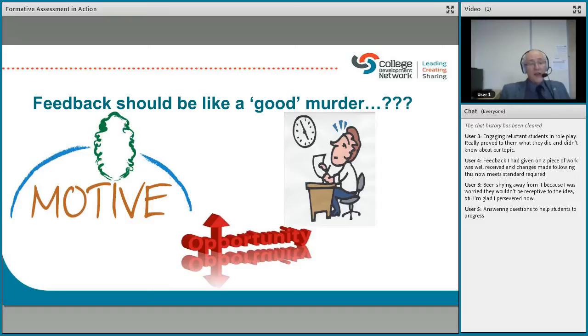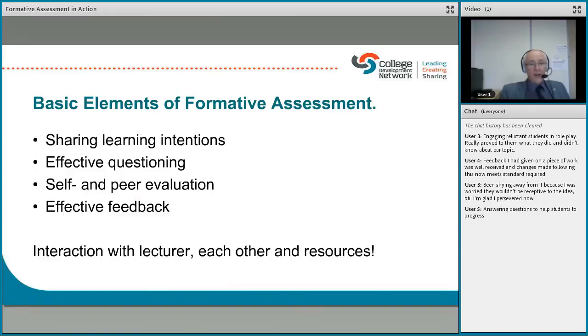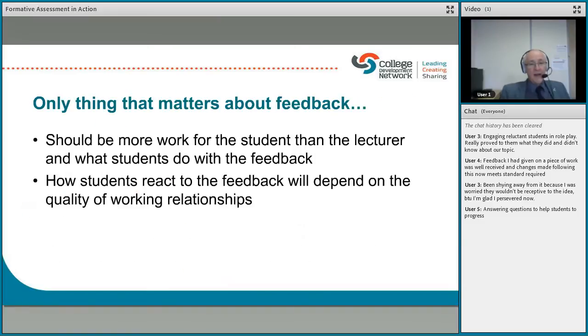C, it should be concise, and T, it should be timed, just like the graphic there. So I like my acronym that I've developed for effective feedback: PACT, pertinent, actionable, concise, and timed.